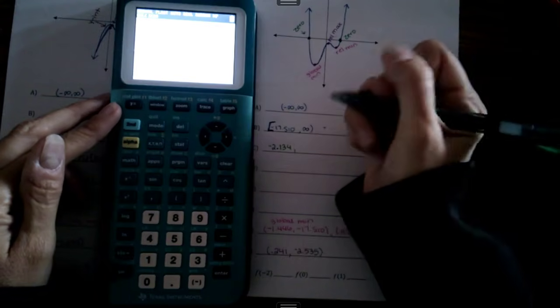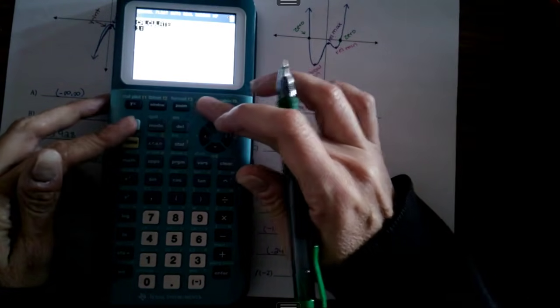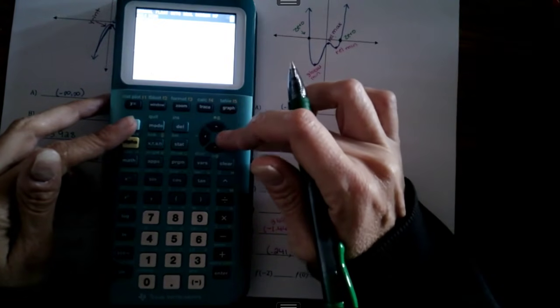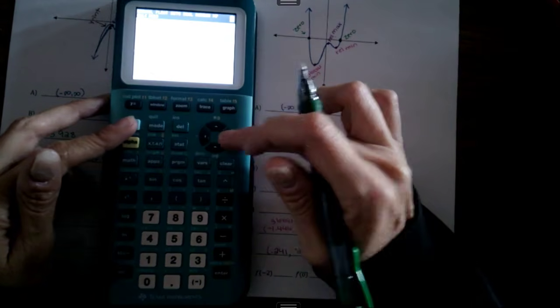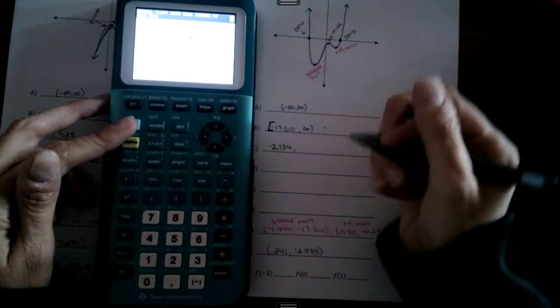Okay, that's 1, 0. And then calculate the other zero. Okay, the left of the zero, to the right of the zero, enter.